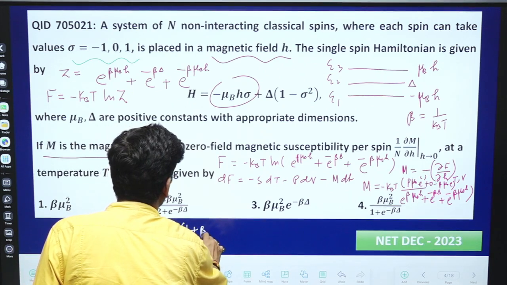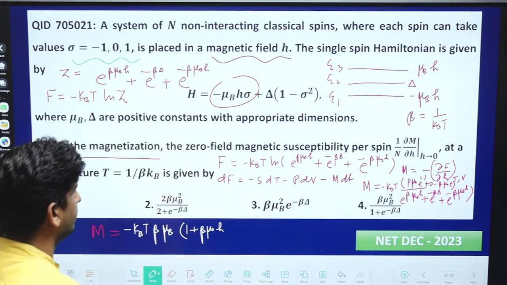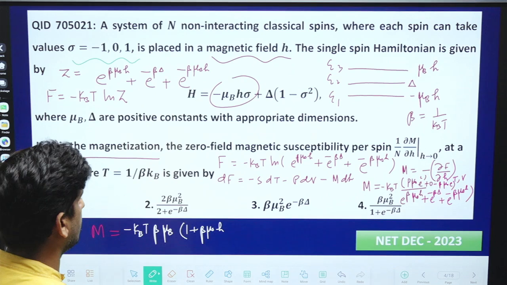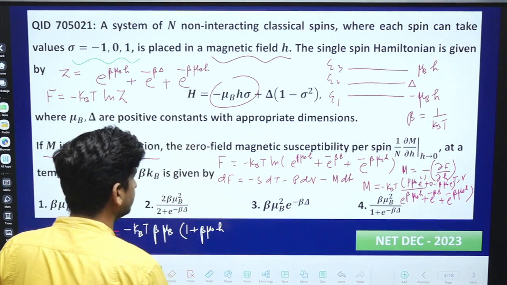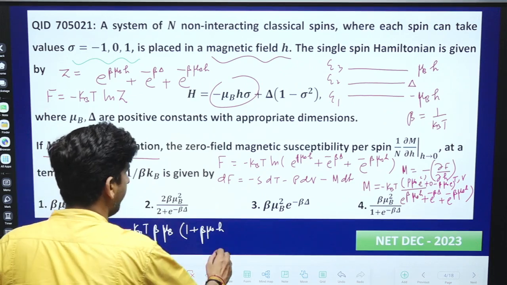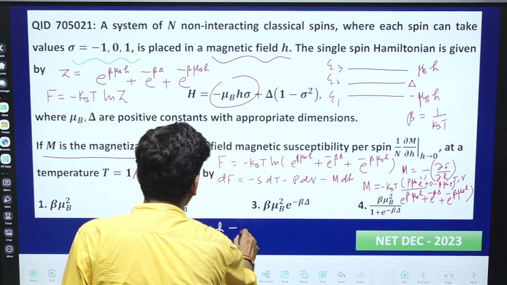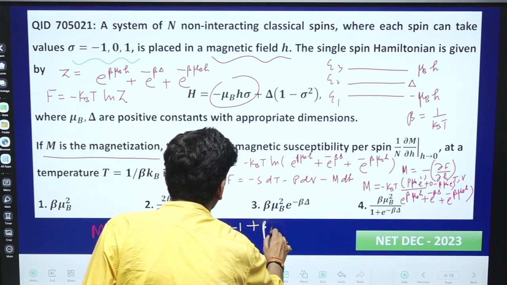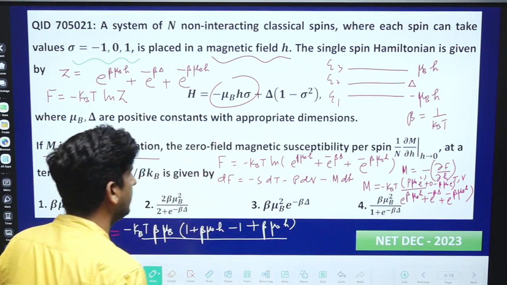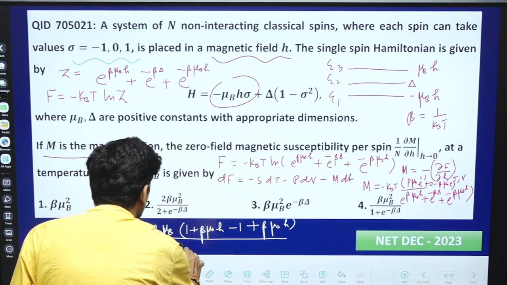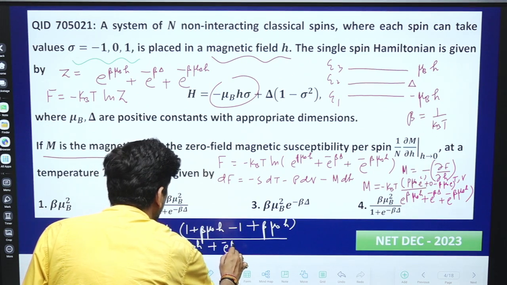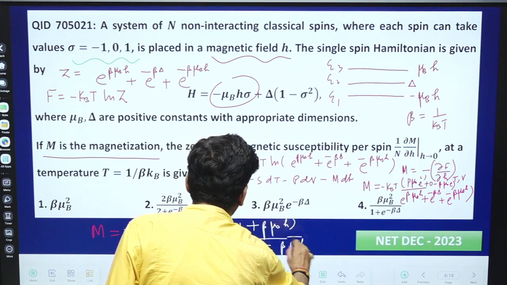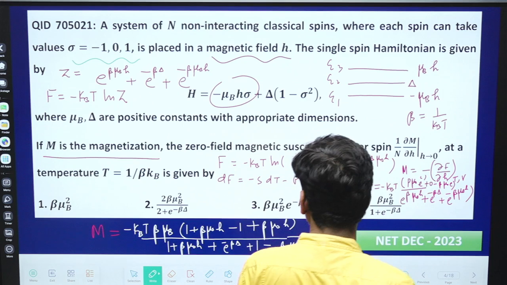It will be 1 plus beta mu_B H, and the second one will be minus 1 plus beta mu_B H, and similarly in the denominator 1 plus beta mu_B H plus e to the power minus beta delta, and the last will be 1 minus beta mu_B H. Now if H is small, we have to solve this.